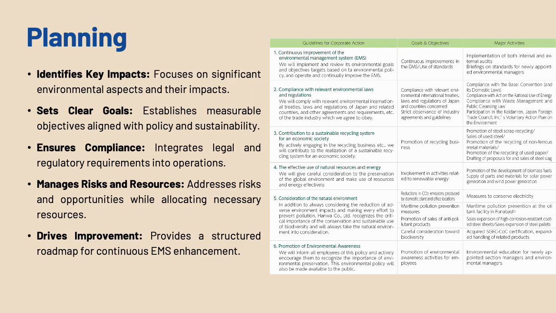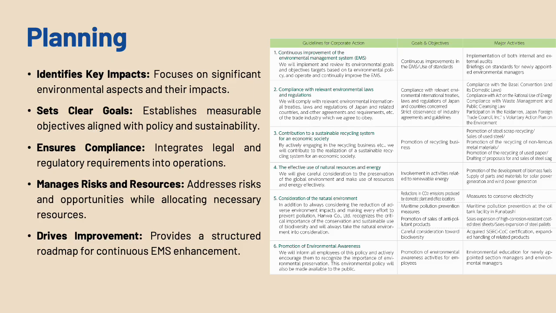So this example shows how planning translates high level aspirations into meaningful and measurable action. It is also a great reminder of how environmental goals can align with business opportunity, like engaging in the renewable energy market.